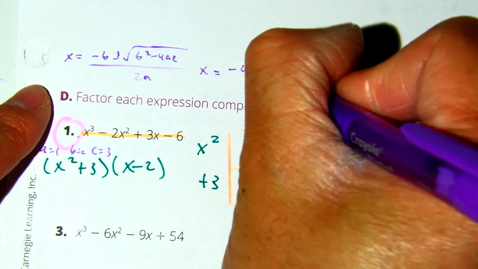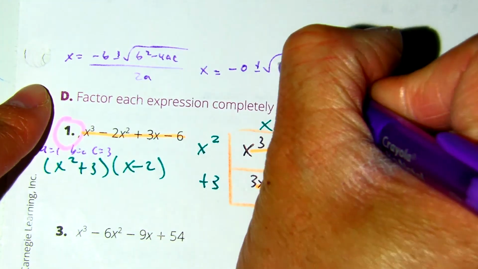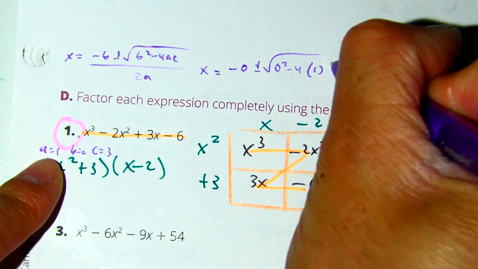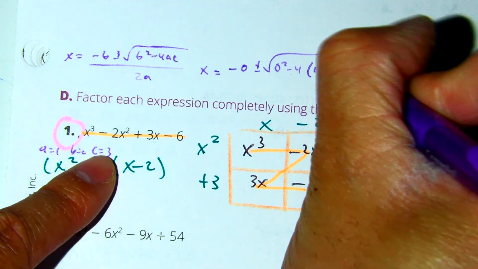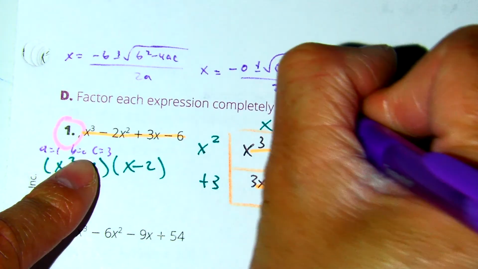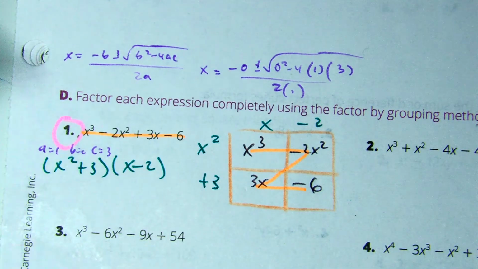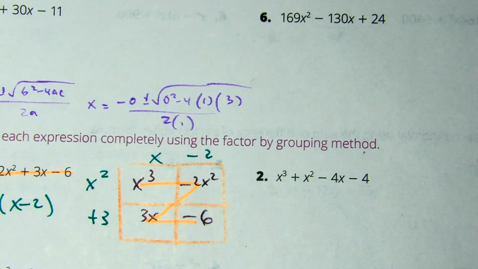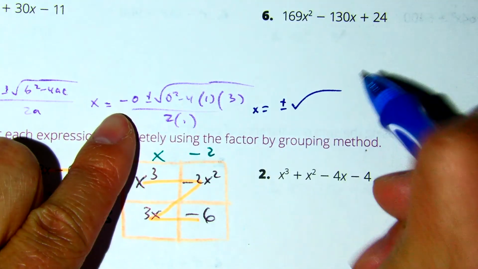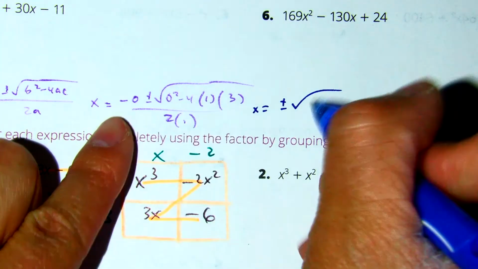Negative 0 plus or minus square root of 0 squared minus 4 times your 1 times your c value, which is 3, all over 2 times your a value, which is 1. Don't have to write 0. This would give you plus or minus 0. This would give you negative 12 over 2.